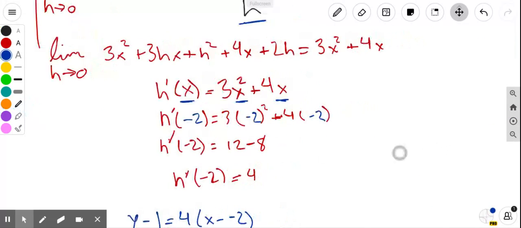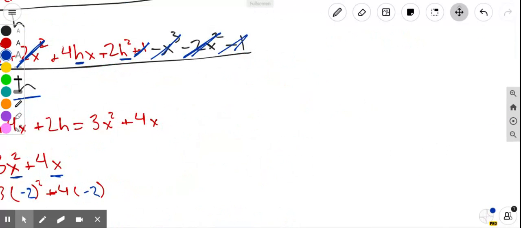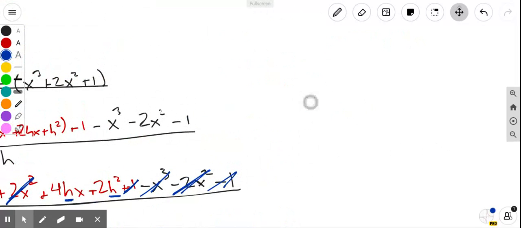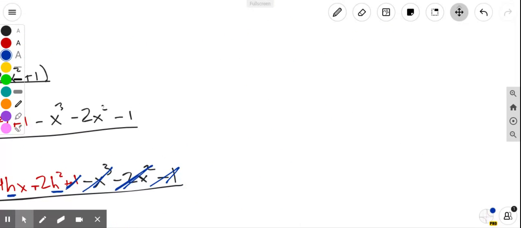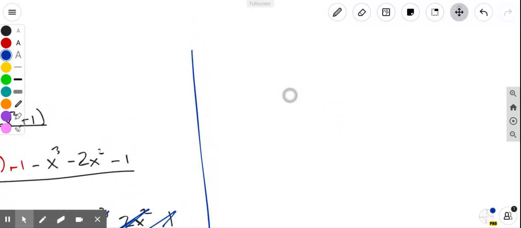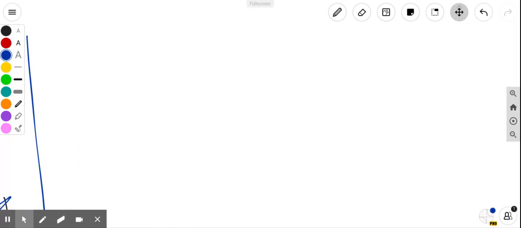So let's go ahead and run this through again. Let's talk about how this is set up and how you're going to mess with it. Remember, h of x was x cubed plus 2x squared plus 1.